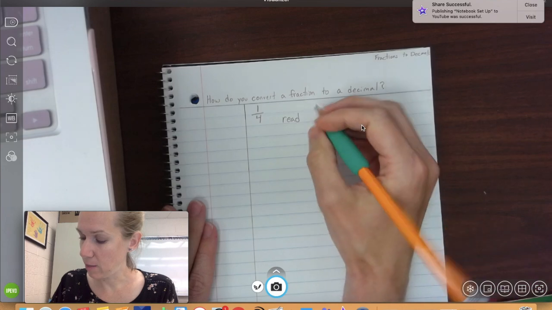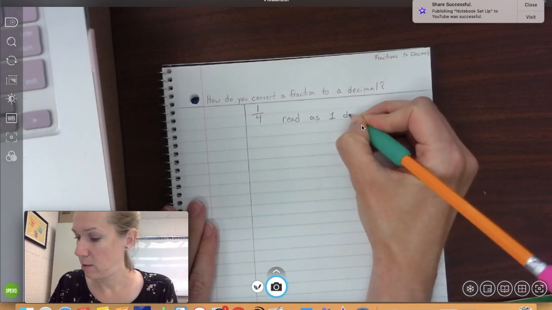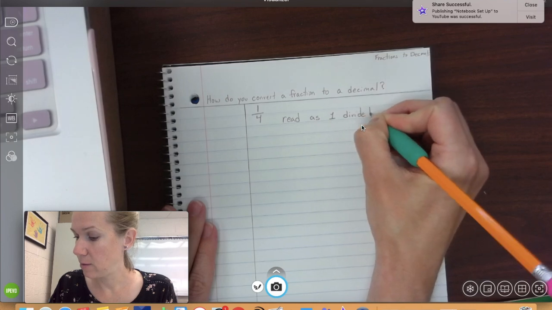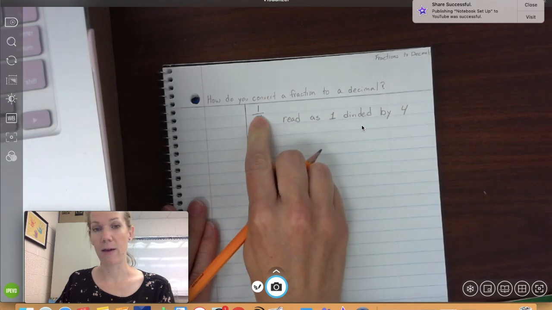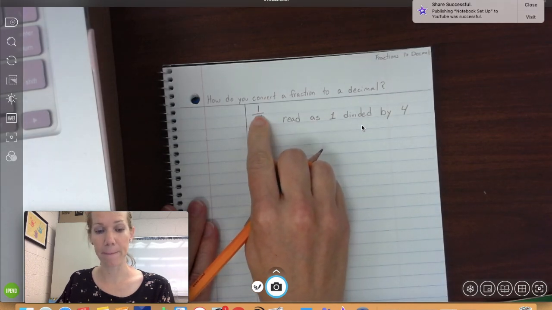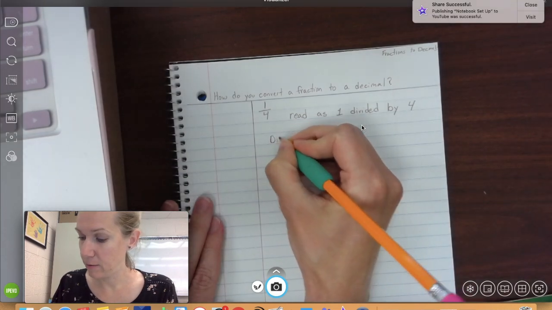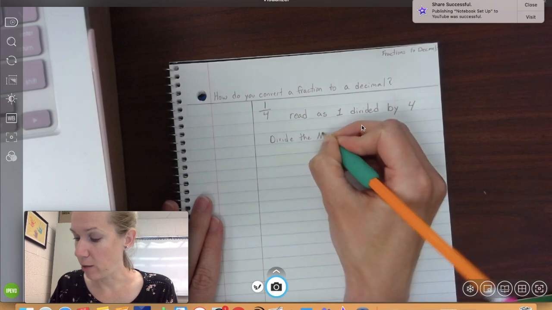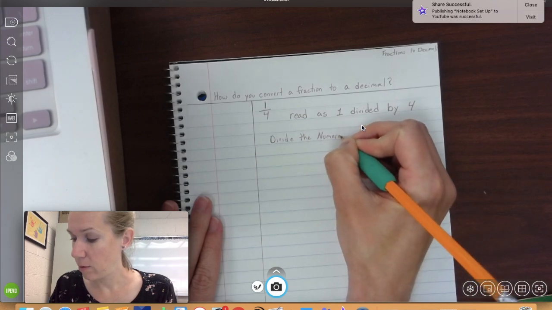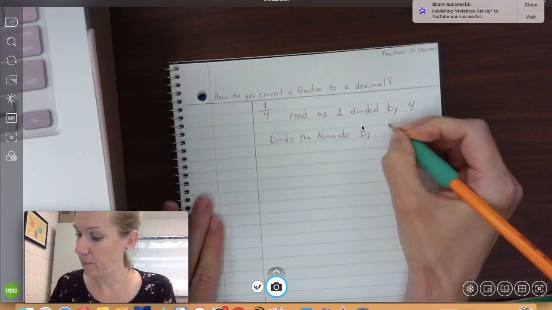So read as 1 divided by 4. That's what that fraction line means, divided by. Then we're going to divide the numerator by the denominator.